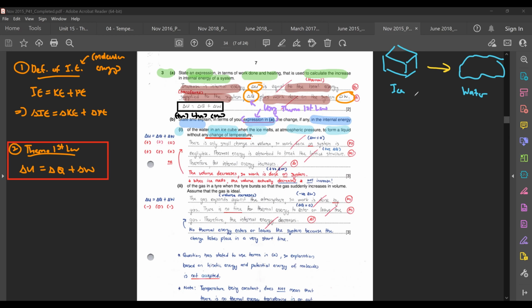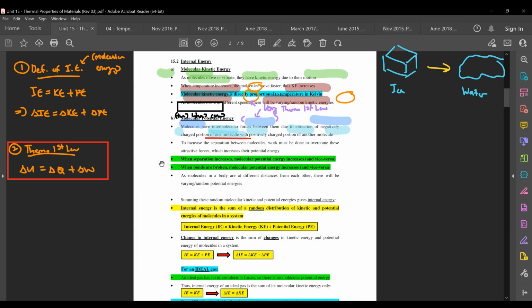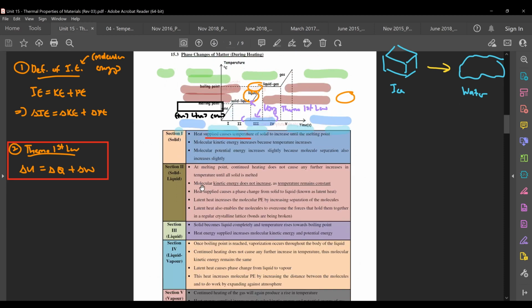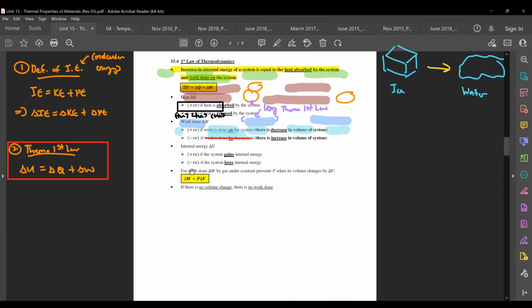What I'm interested in is the work done to this system from ice to water. From some of the examples that we've done just now, you know that you have work done when you have volume change. If there's no volume change, there's no work done. This one is, I think, mentioned in the notes right over here.